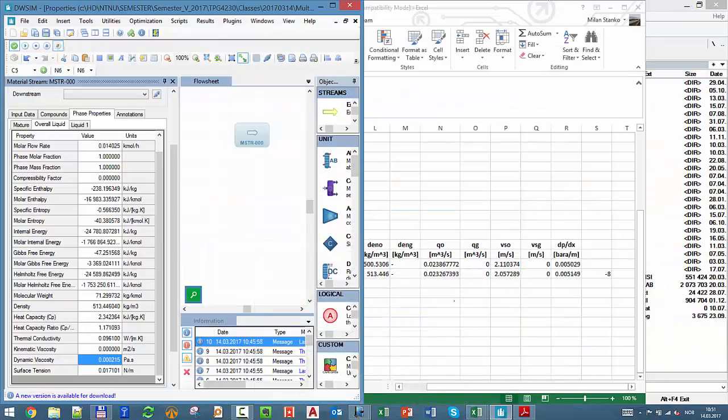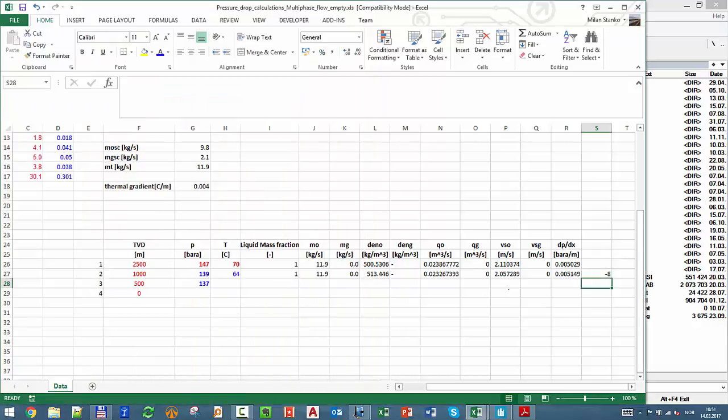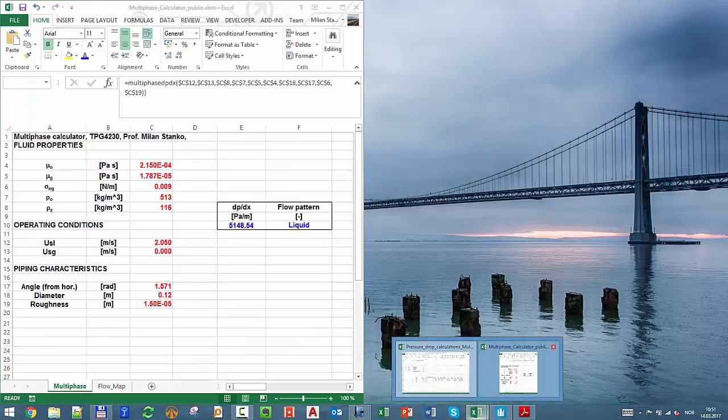You've only included friction in the dpdx. You need to include also gravity. In this DP? No, but that DP is everything. Do you have depth in your other sheet? Have you included the depth in the other sheet?